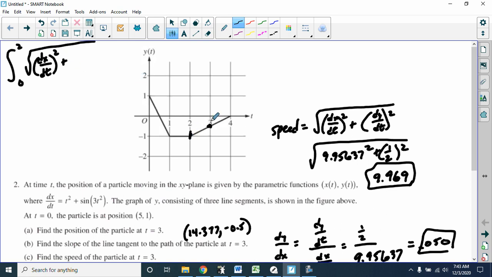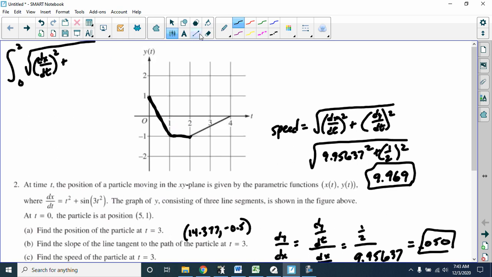If it asked from 2 to 4, we would just use 1/2 for dy/dt, because from 2 to 4, dy/dt is always 1/2. The problem is it asks from 0 to 2, and dy/dt isn't consistent from 0 to 2. For part of it dy/dt is this, and then part of it is this.